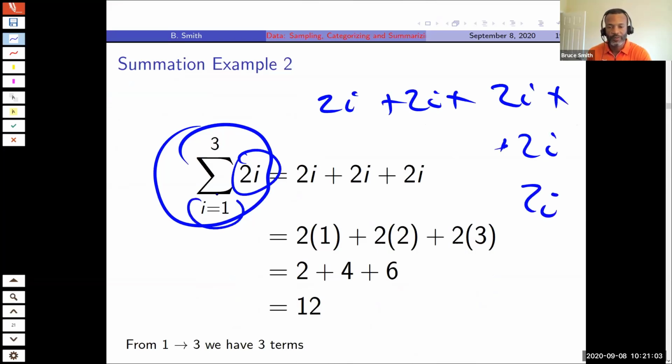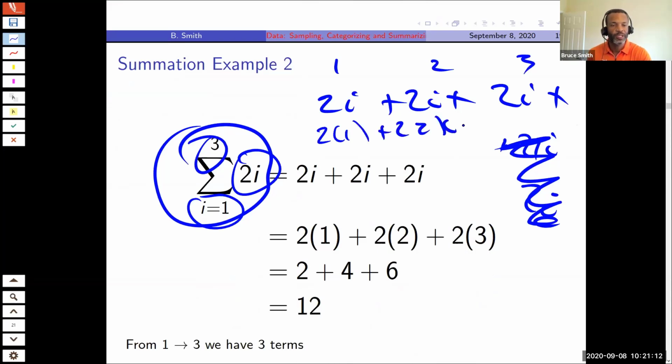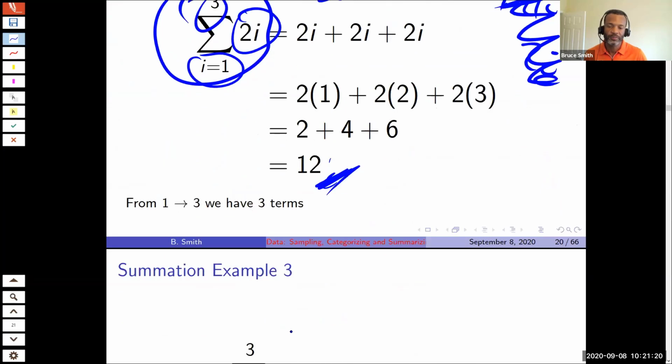But then it says start with 1, end with 3. So 1, 2, 3. So I don't have to do anything with the others. And so we go 2 times 1 plus 2 times 2 plus 2 times 3. We can come up with an answer there for summation notation.